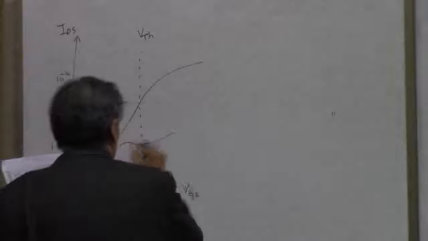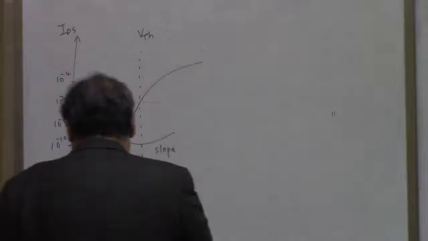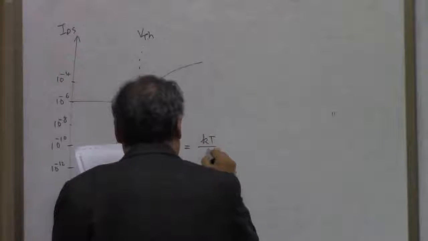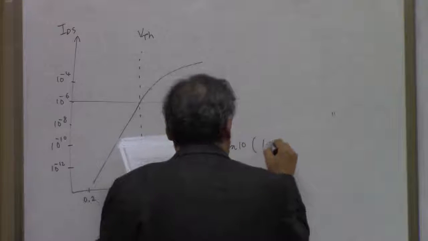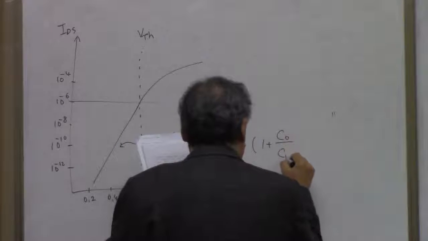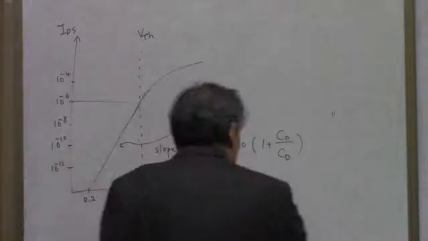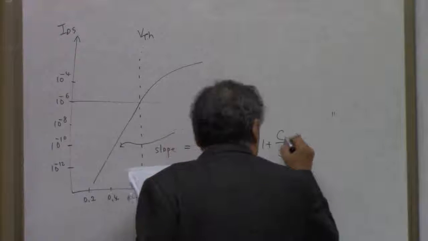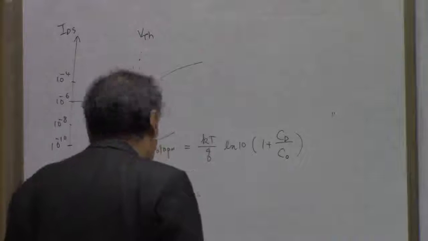And the slope we are talking about is this slope. That slope can be expressed as 1 plus CD over C oxide, the depletion capacitance and the oxide capacitance.